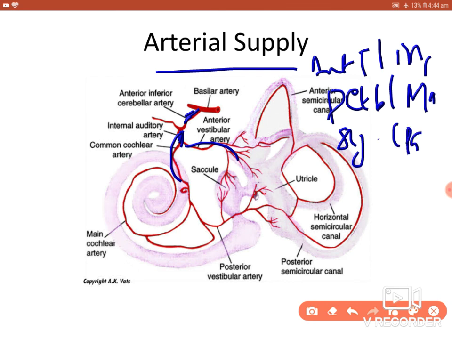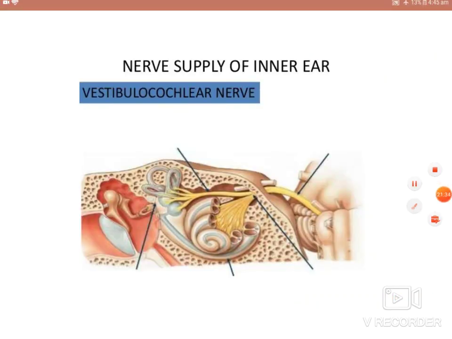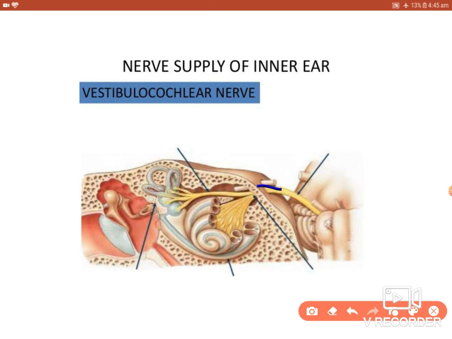Then venous drainage is to the labyrinthine veins, which run along with the arteries. Then the nerve supply is through the vestibulocochlear nerve. You can see here the internal acoustic meatus. Through this the nerve enters the inner ear and divides into a cochlear branch and a vestibular branch.